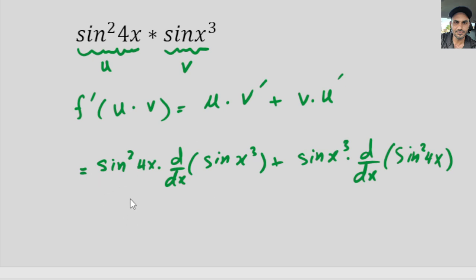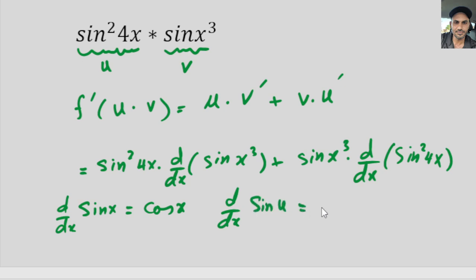Another thing that we have to know is that d over dx of sine x equals cosine x, and d over dx of sine u equals cosine of u times du over dx.